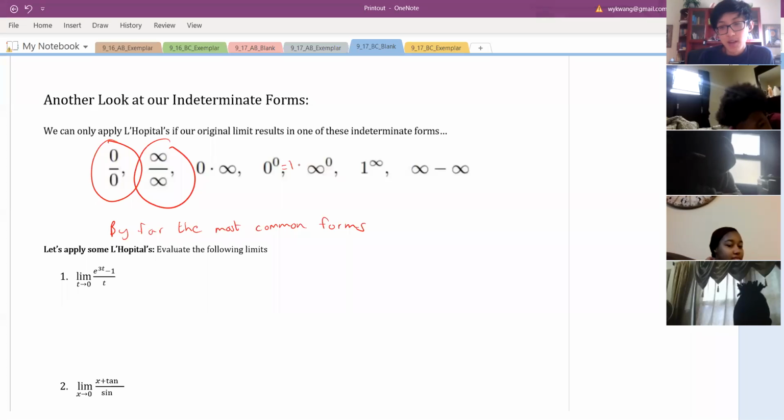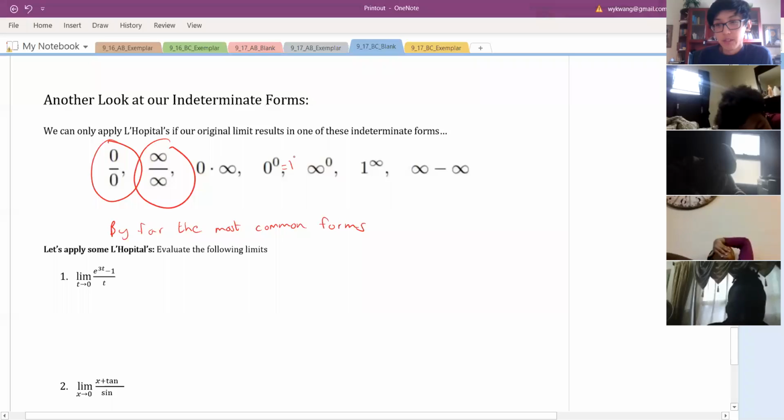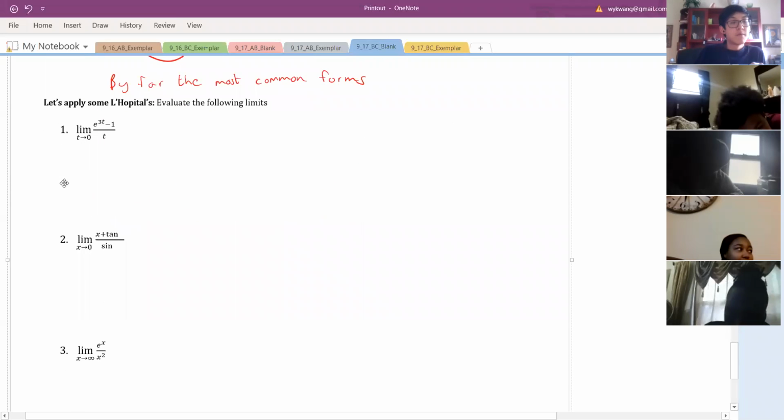I know anything to the 0 power is equal to 1, but I'm not sure if 0 to the 0 is an exception. Honestly, I'm not really sure. I would just say, if you want, just memorize these indeterminate forms, so if you ever encounter one, you know to apply L'Hopital's. I couldn't exactly answer your question. If any of you have more developed thoughts on that and you want to share, you can chat me. But to be honest, I'm not really sure.